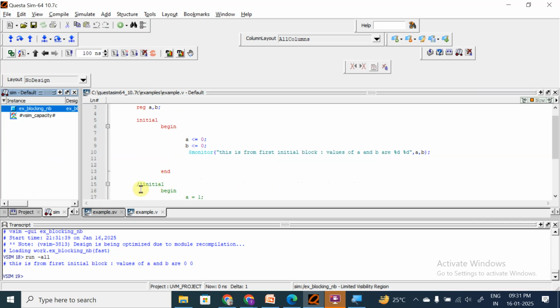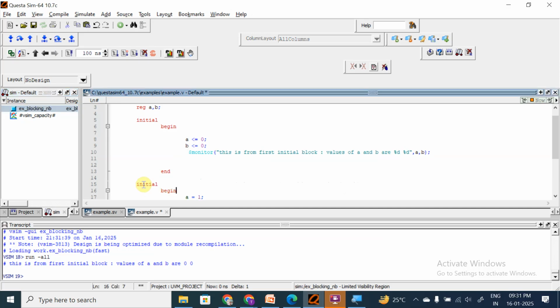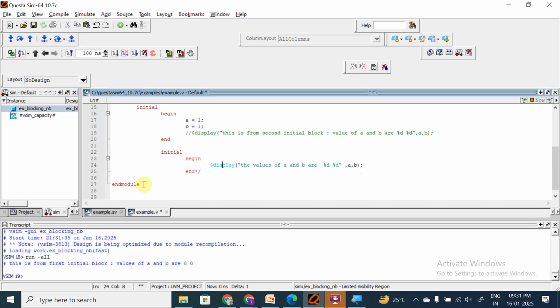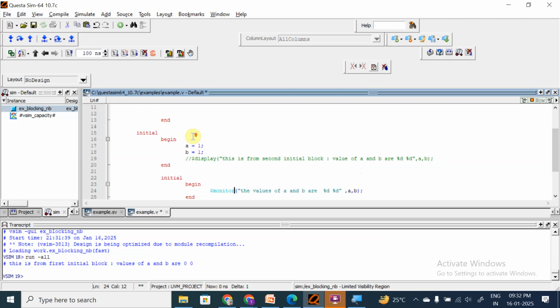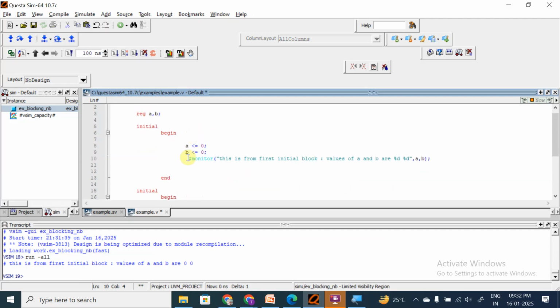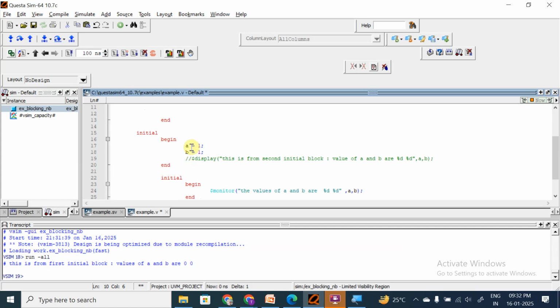Okay, now let me uncomment all of this, and let's say here I have used my $monitor. Let me comment this one also. So what is the statement that is going to be printed in this particular example?